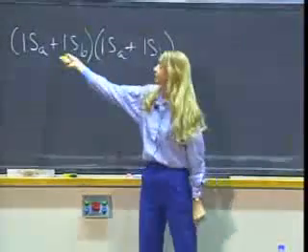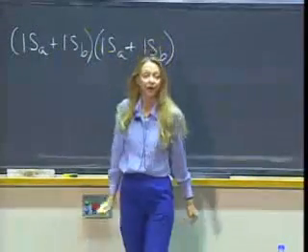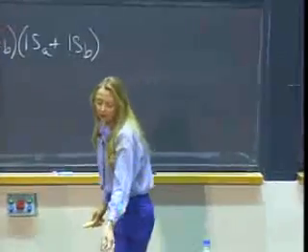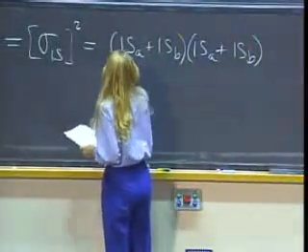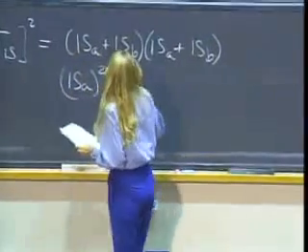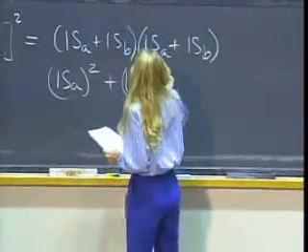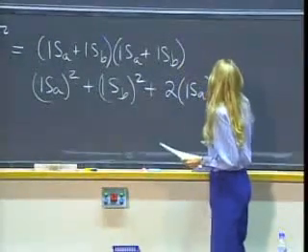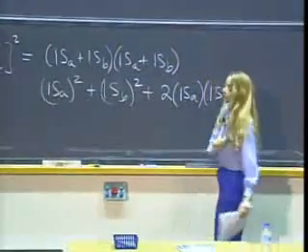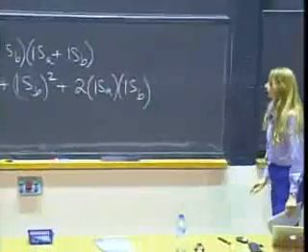That's what sigma 1s is. I'm just going to multiply this out. And when I do that, I'm going to get 1sa squared plus 1sb squared plus 2 times 1sa 1sb. That's my probability density.